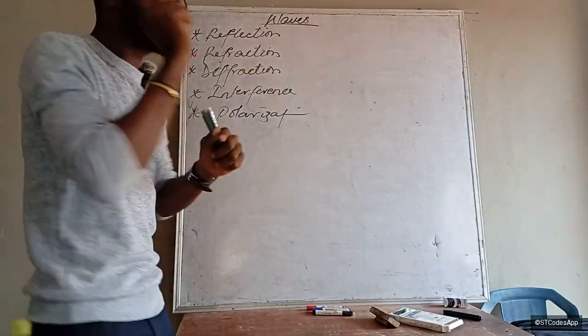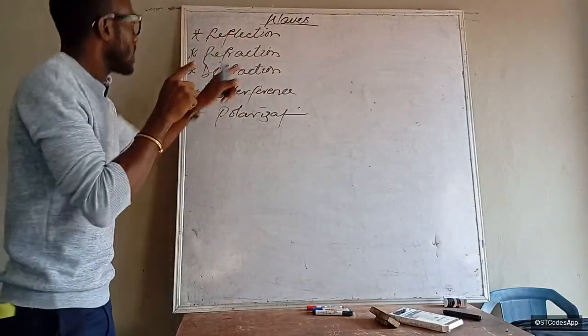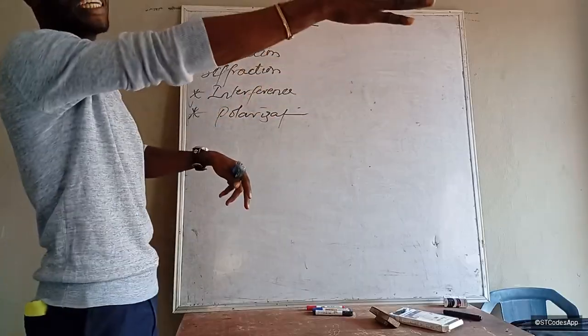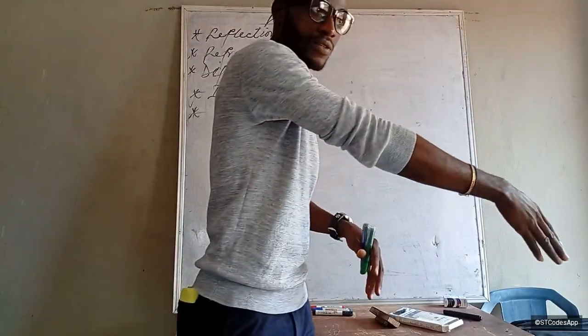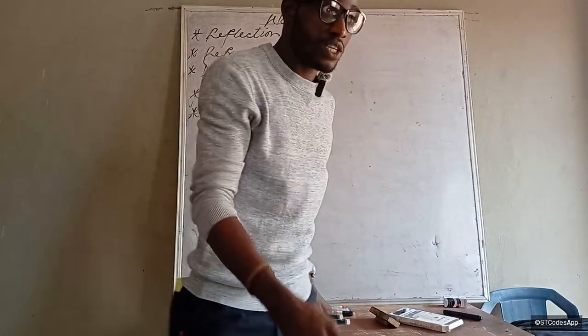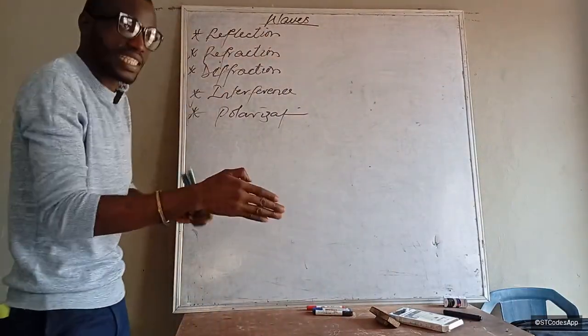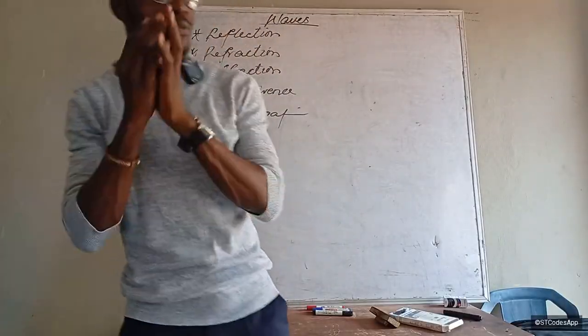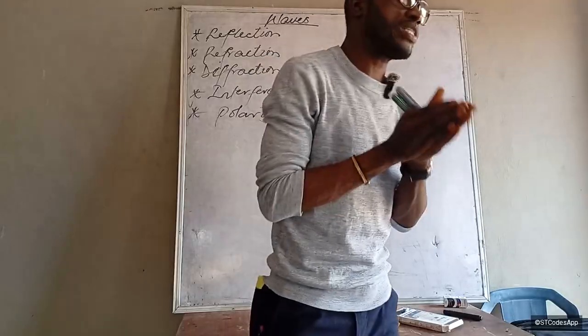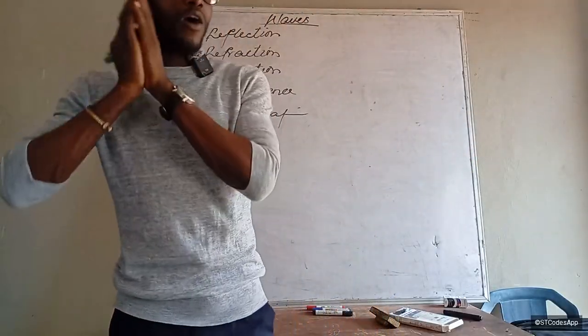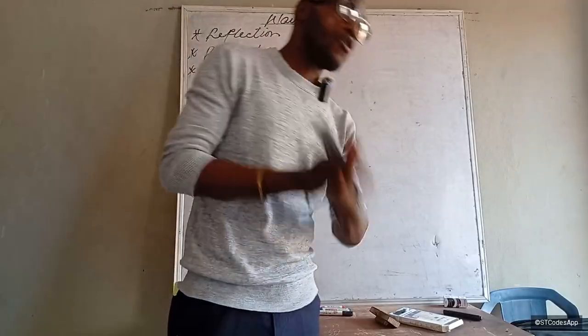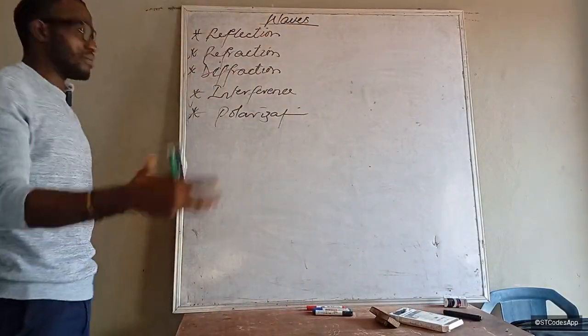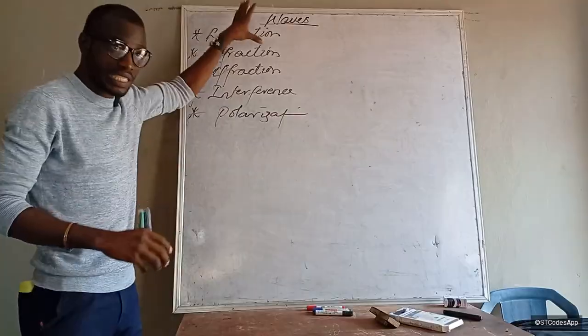That is, light will enter into a material and come out on the other side, but in a different direction. So it's called refraction. It's called the bending of light because it's traveling from a medium of low optical density to a medium of high optical density, or from a medium of high optical density to a medium of low optical density. I'll explain what that means when we get to it in detail.